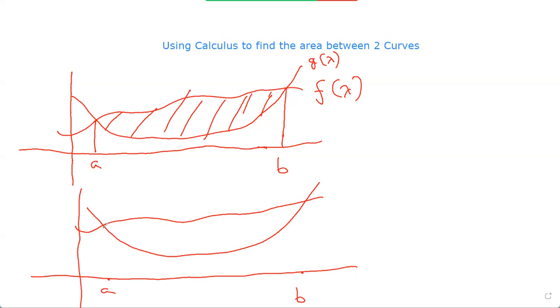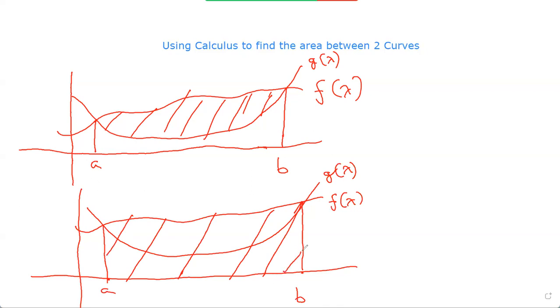If we integrate f of x between A and B, we get this complete area between the curve and the x-axis, this part which I'm highlighting in red.